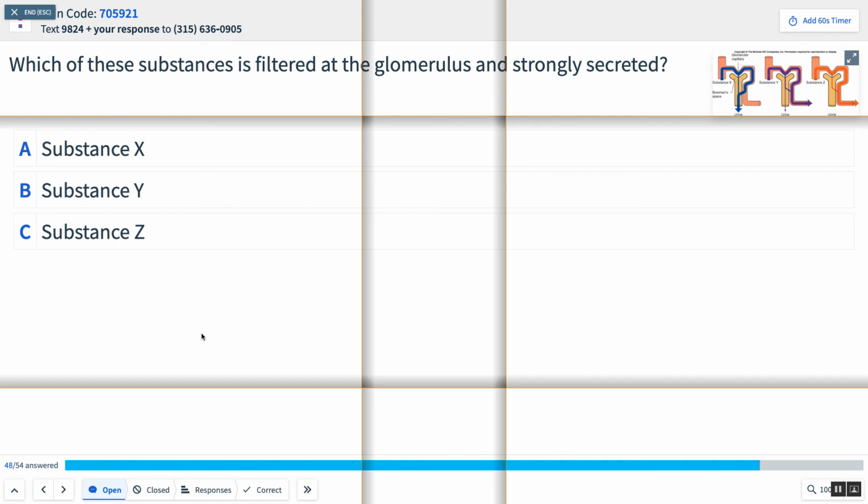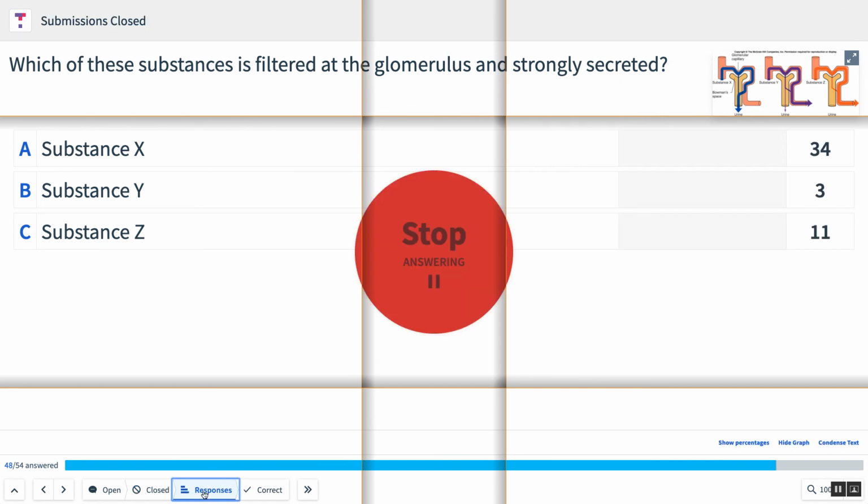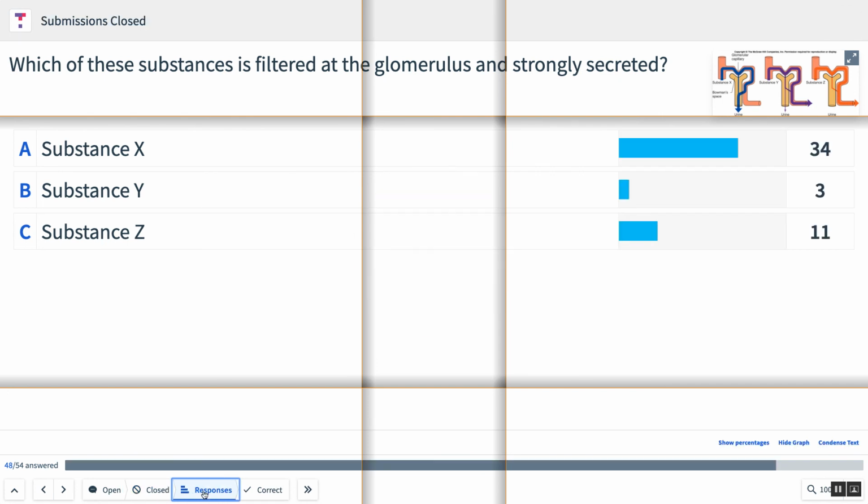All right, then the correct answer is A. Substance X. So remember, secretion is pulling molecules from the blood into the nephron to be eliminated with the urine. All right, have a wonderful weekend.